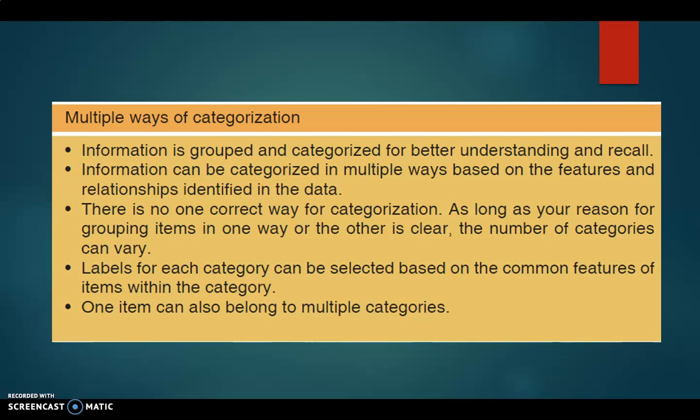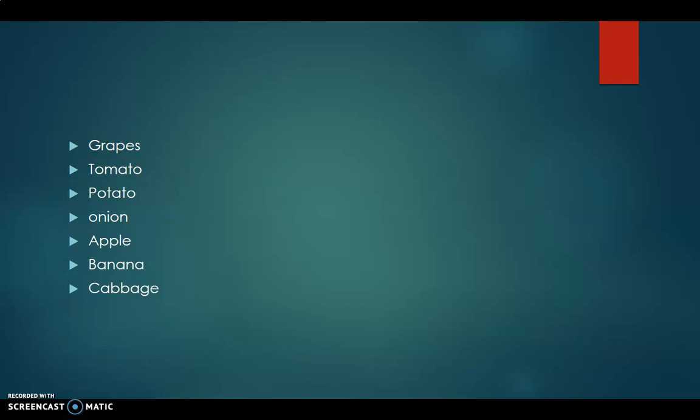Labels for each category can be selected based on the common features of items within the category. One item can also belong to multiple categories. Earlier we have seen how to synthesize the information, but there are multiple ways of categorization. There is no one correct way. One can categorize in one way, another can categorize in another way, but the intention or category should be clear. We will go through the same example in a different way: grapes, tomato, potato, onion, apple, banana, cabbage.